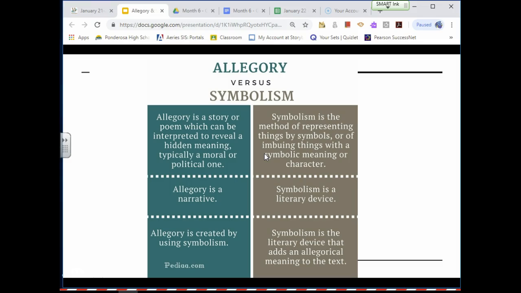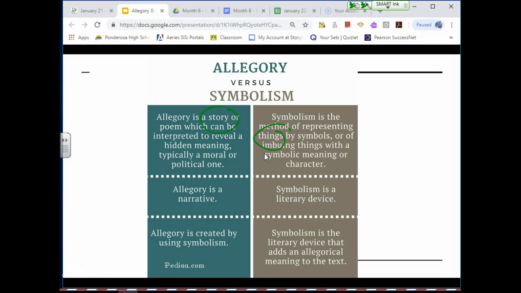It's a story that can be interpreted to reveal a hidden meaning. We've talked about that. It's an entire story. That's the difference, okay? Symbolism is the method of representing things by symbols. So allegory is a story that has a second meaning, and a symbol is a thing that has a separate meaning. That's the difference, okay?